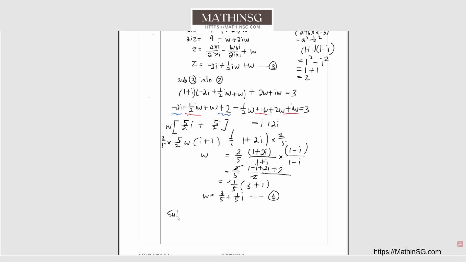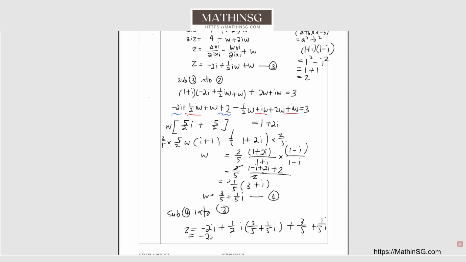So z is equal to minus 2i plus half i times 3/5 plus 1/5 i plus 3/5 plus 1/5 i. So typically when I reach here, I'll tell students type it into the calculator, get the answer. If you have no time, done. If you have time, then you just pretend you have expanded.